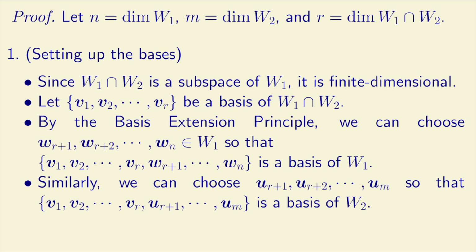Similarly, we can choose some other vectors Ur plus 1, Ur plus 2, up to Um so that the combined set, from V1 to Vr and Ur plus 1 to Um, is a basis of W2.